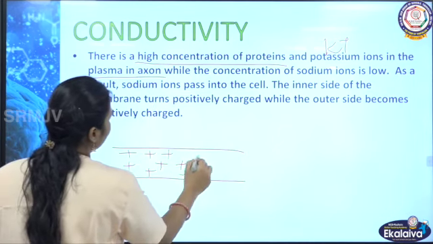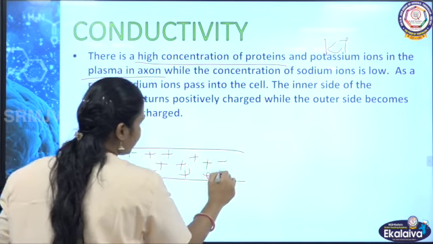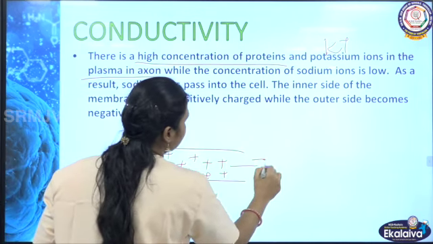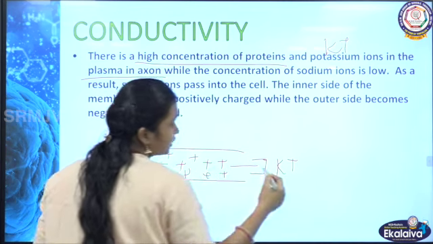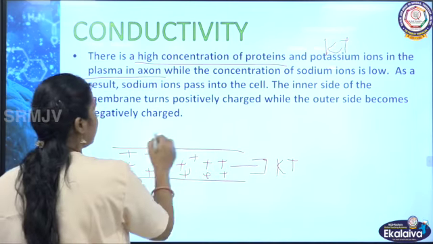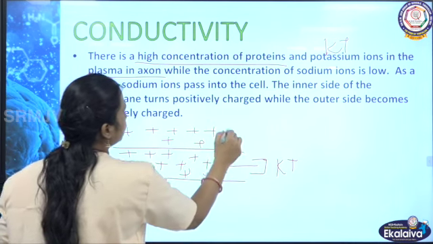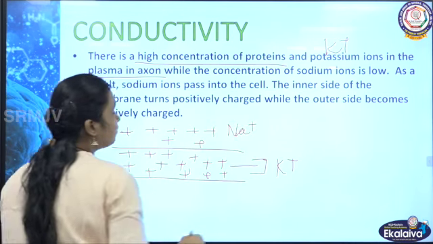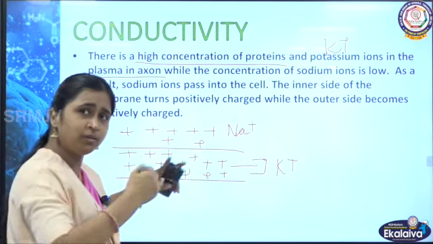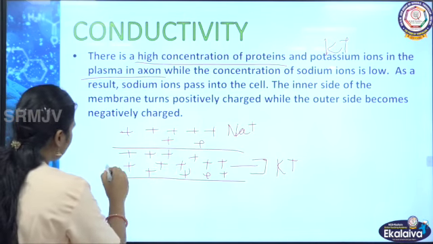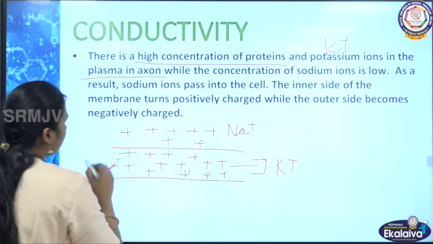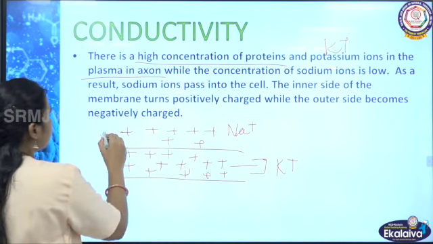You can think why I am drawing positive side inside, because there is potassium ion, and there are positive sodium ions. But even sodium ion will be there inside. Here you can see the sodium ion also, I am just writing small, and here you can see potassium ion also.